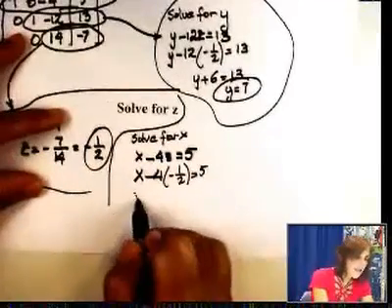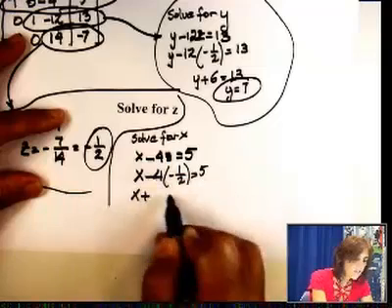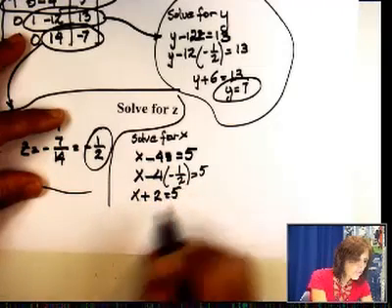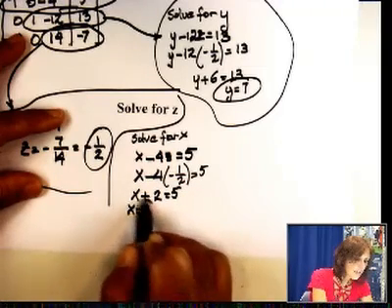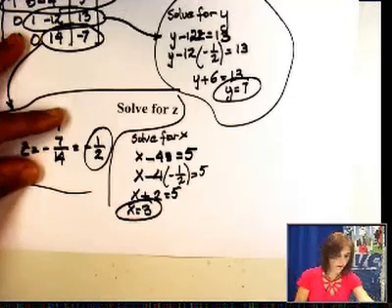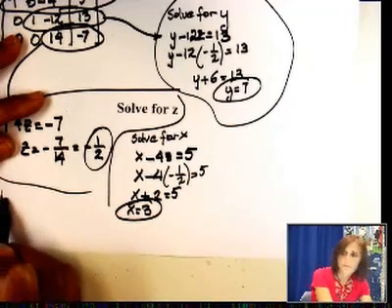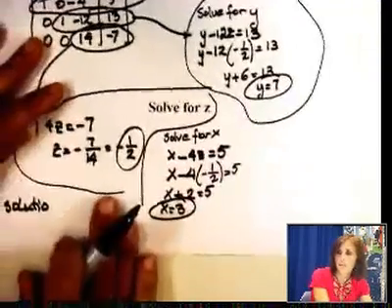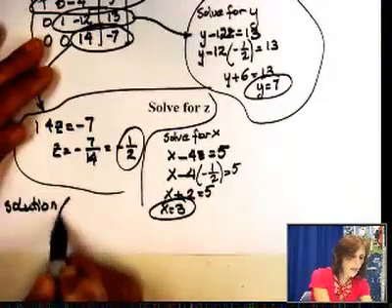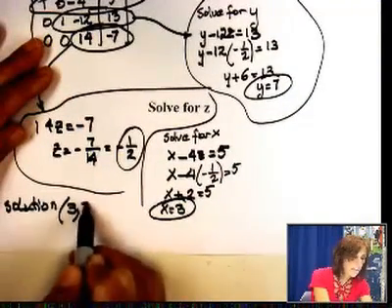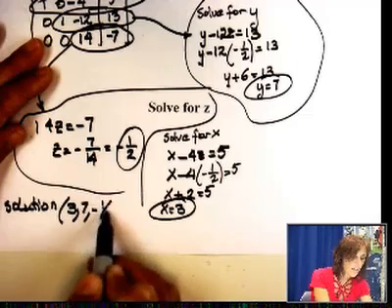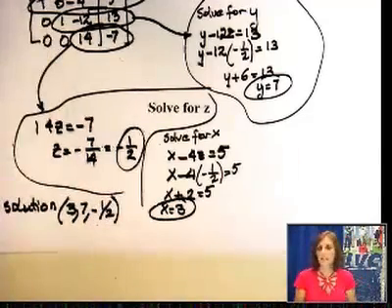So what's that mean? x plus, this one is 2. So x equals 3. So what I end up having? I have the solution x = 3, y = 7, and z = negative 1/2. Does it make sense?